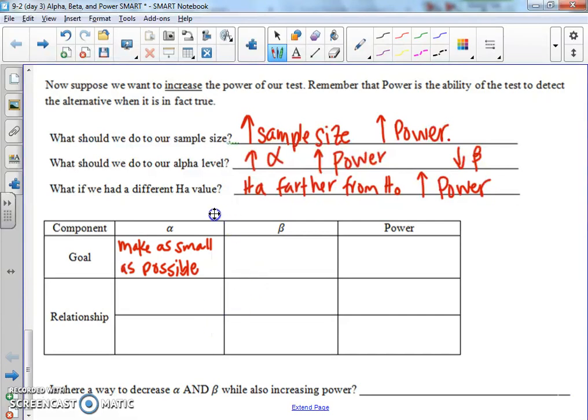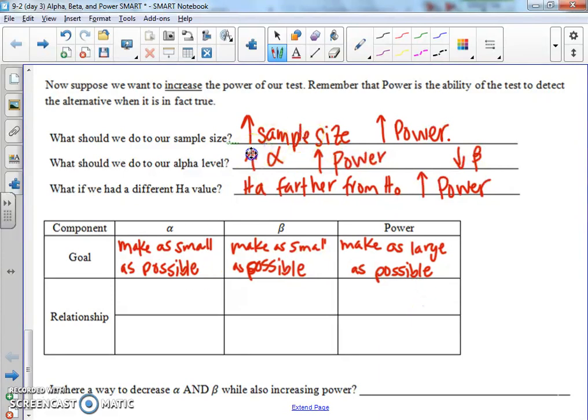Our goal for beta is also to make it as small as possible, because again, we don't want to make a type 2 error. But power, we want to make as large as possible because power is correctly rejecting the null, which is what we want to see.